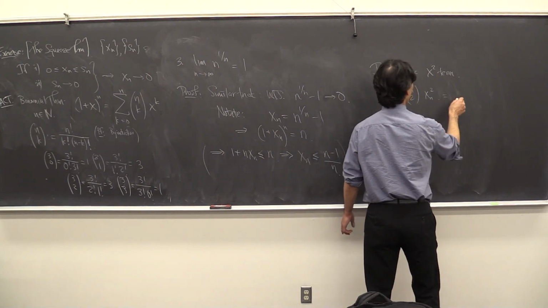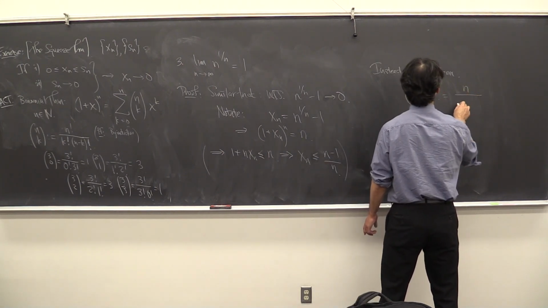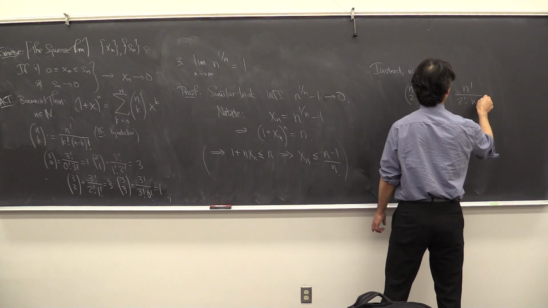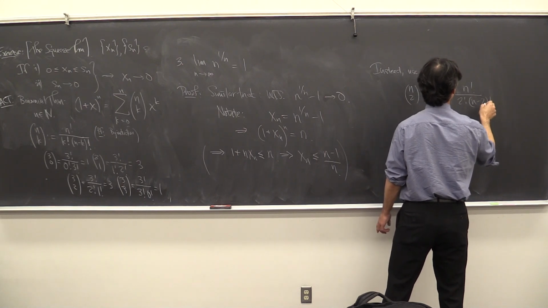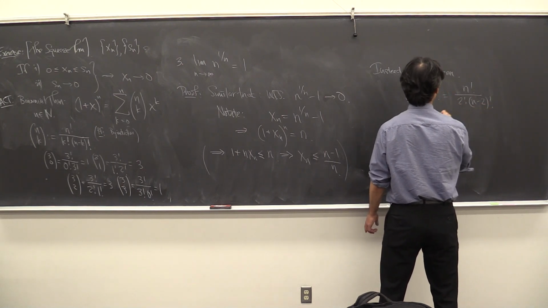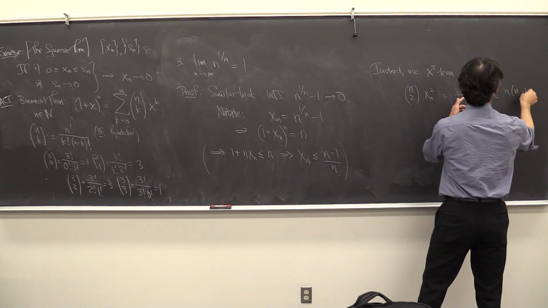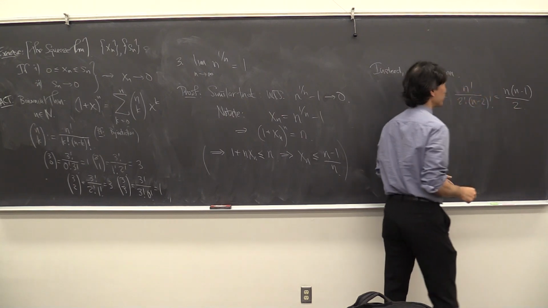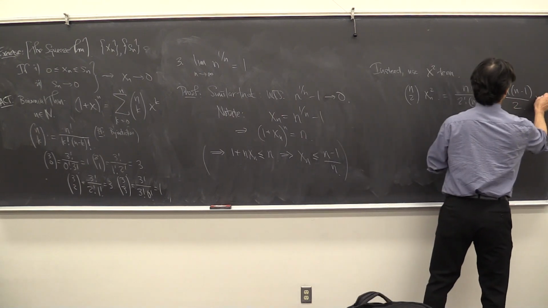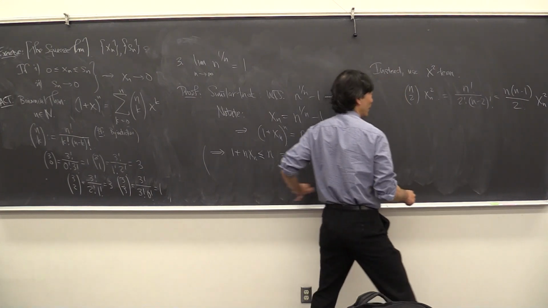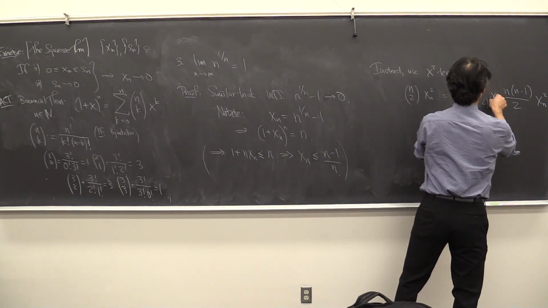So that is n factorial over 2 factorial times n minus 2 factorial, right? So that's just going to be n times n minus 1 over 2 times x squared. Oops, that won't work.